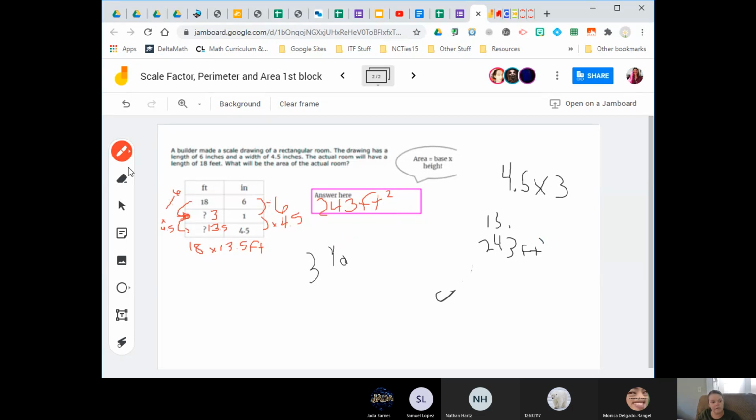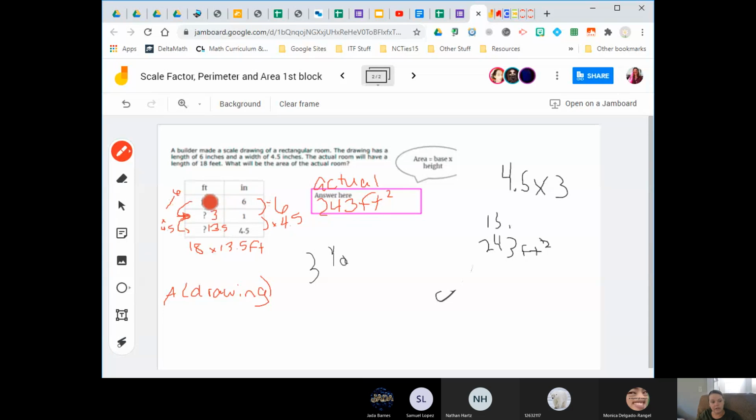All right, so this represents the actual, okay? What would the area of our drawing be? You mean to find the 243 feet?